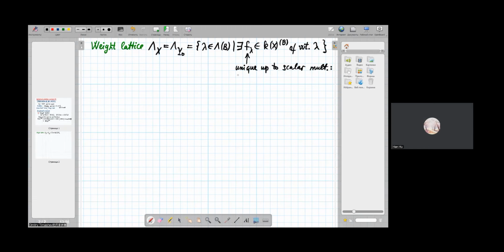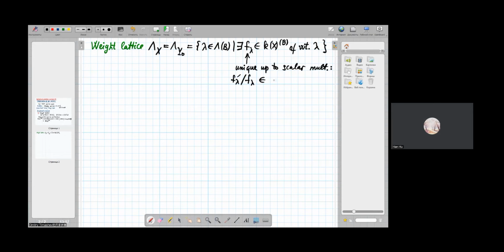If you have another function, f lambda prime, of the same weight, then the ratio of f lambda prime over f lambda is a B invariant function, because the numerator and denominator of this fraction have one and the same weight, and when you act by the Borel subgroup, these weights cancel each other.